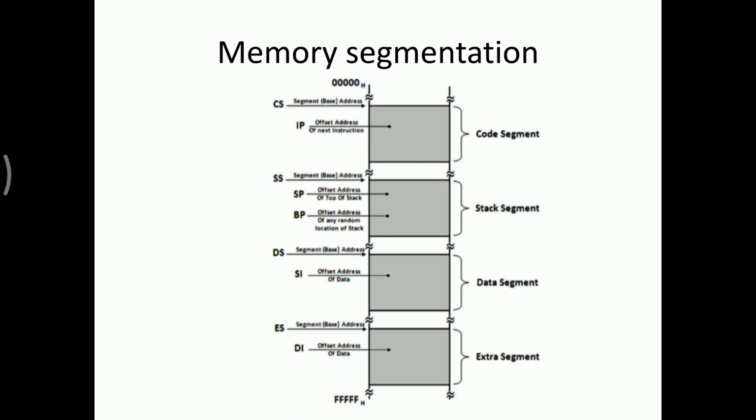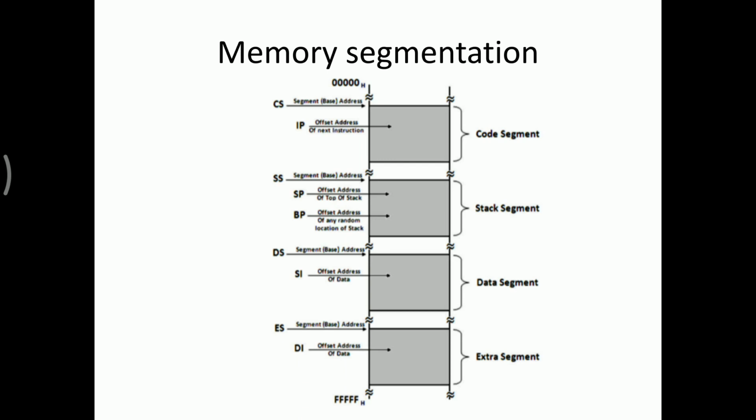Another example: if we have a book that has 1000 pages and 10 chapters, each chapter has 100 pages. If you want to identify page number 564, we can easily go to chapter number 5 and page number 64.